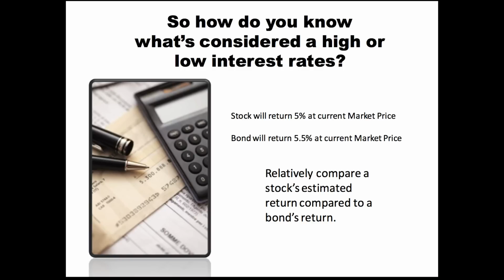And so this would be a very easy decision: you would want to be buying bonds because of the interest rates. And by being able to relatively compare a stock versus a bond, it's always going to put you on the right side of the fence, whether it's time to be buying stocks or time to be buying bonds. And that's truly the art of asset valuation.